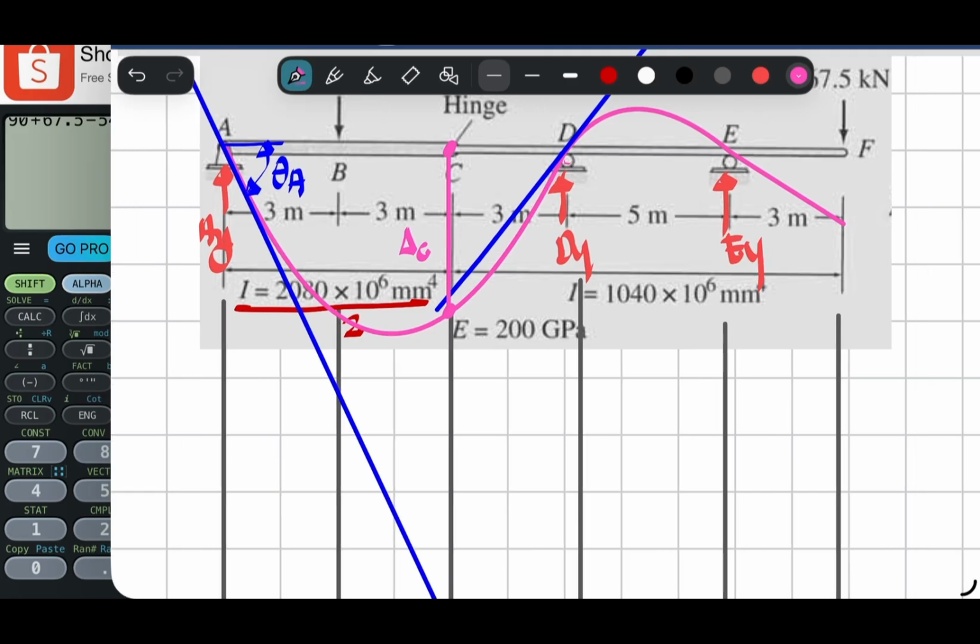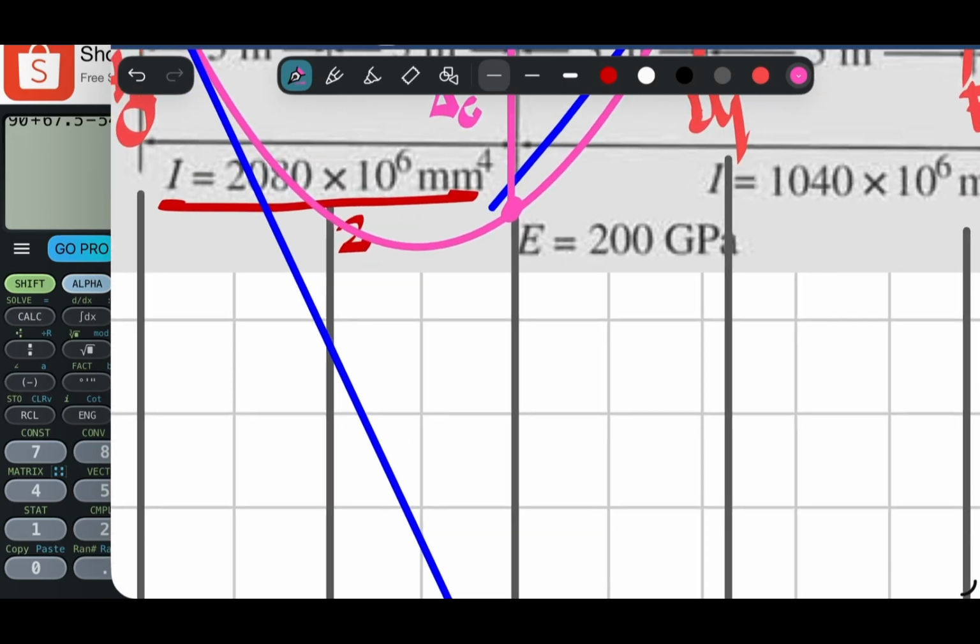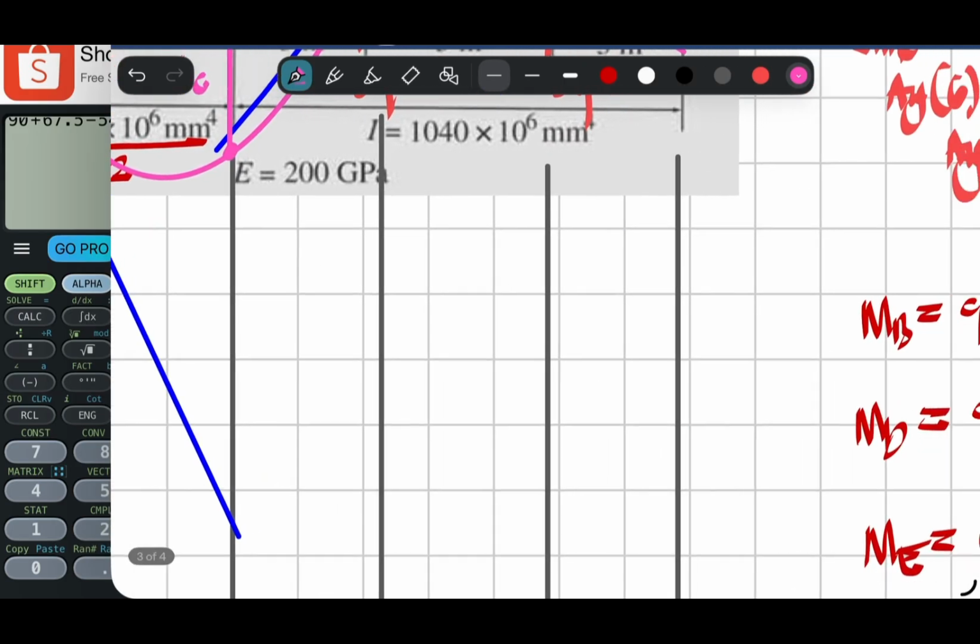So, ang imuhang theta A is equal to delta C plus kaning sa ubos.